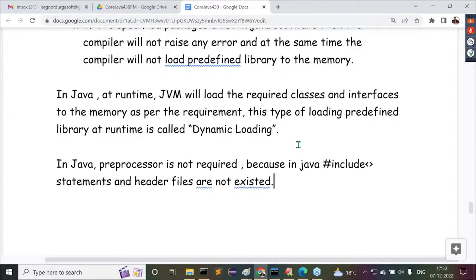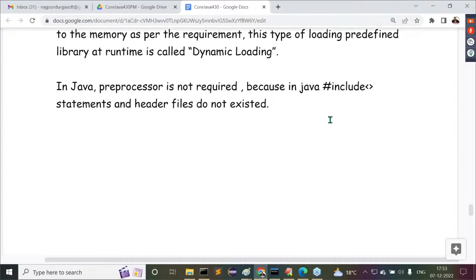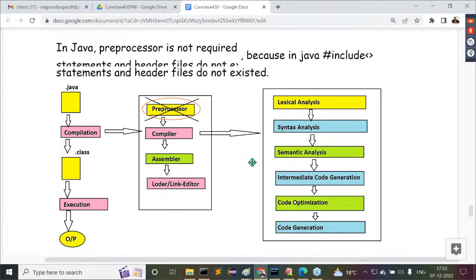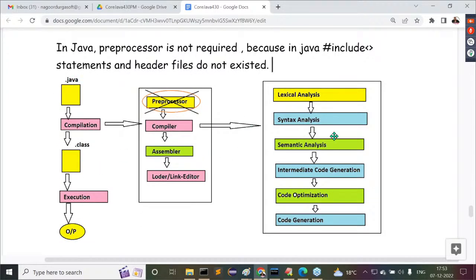That is the reason why the preprocessor is not required in the case of Java. Then the Java related diagram is given here, and we can understand the content.